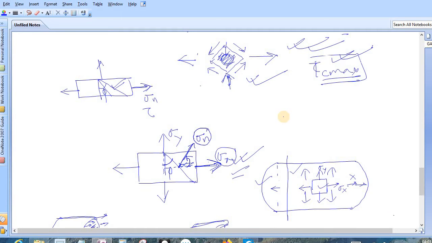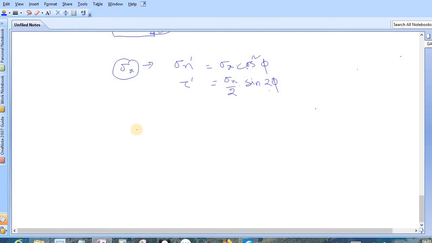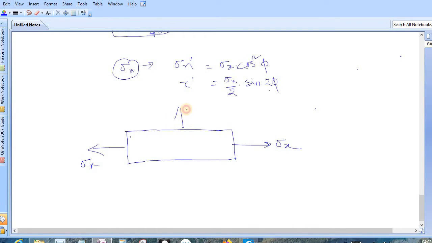Now if we have to calculate stress due to sigma y, let's see how the angle is measured. So for clarity I am again drawing this picture. This was your sigma x, and you have already learned this. Now it's time for sigma y. This is your sigma y, and our plane was like this.